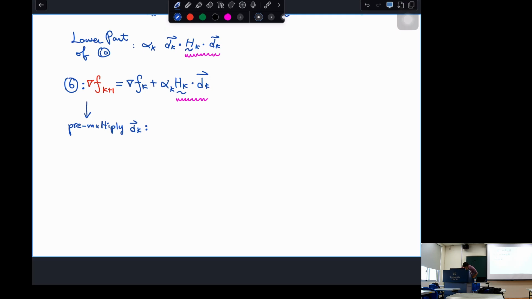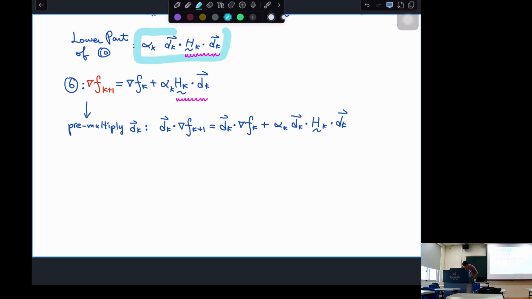So what you get at the end is dk dot gradient fk plus 1 equals dk dot gradient fk plus alpha k dk dot Hessian k dot dk. So now you actually found out that this whole thing, the lower part of 10, is shown right here, exactly the same.